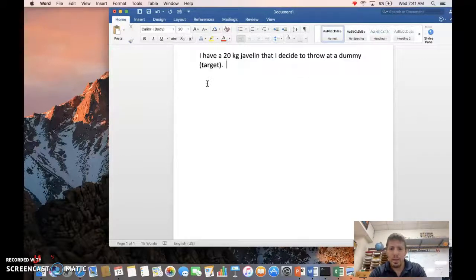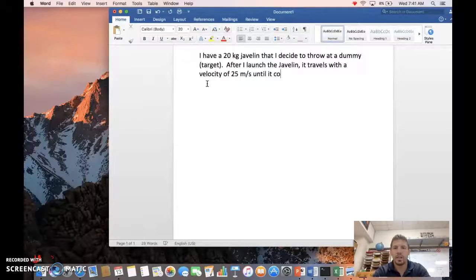So after I launch the javelin, it travels with a velocity of, let's say, 25 meters per second, until it collides with the dummy, which is 45 kilograms.